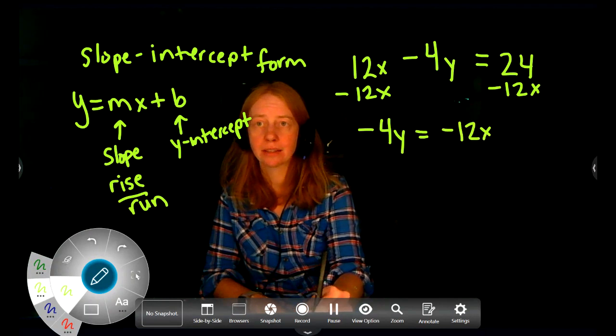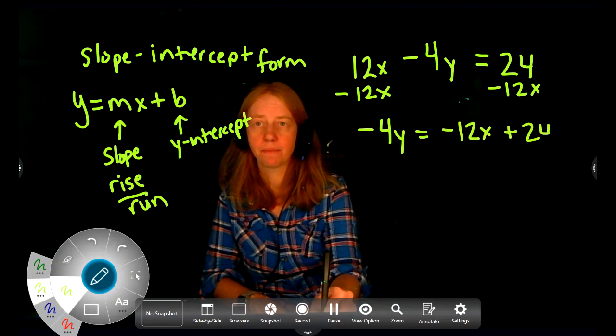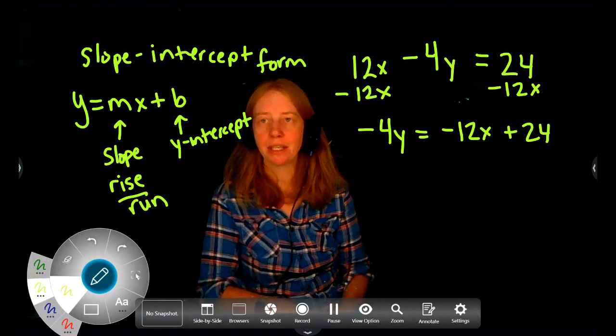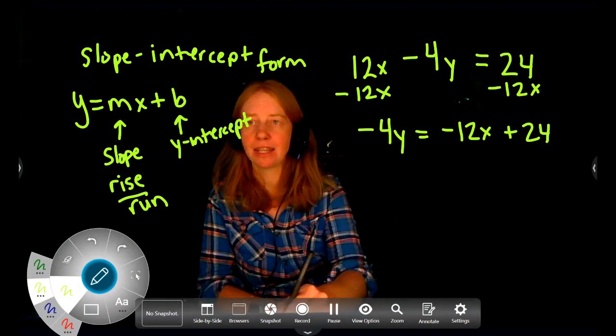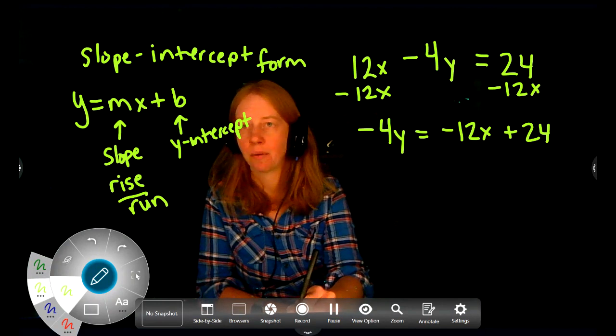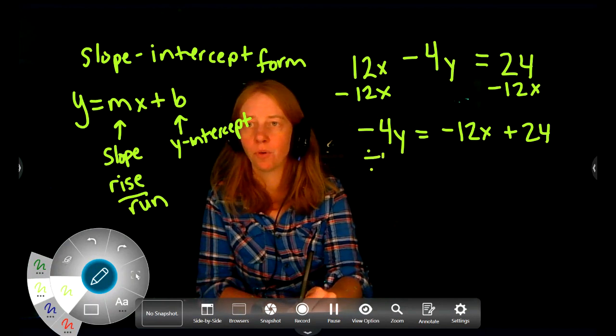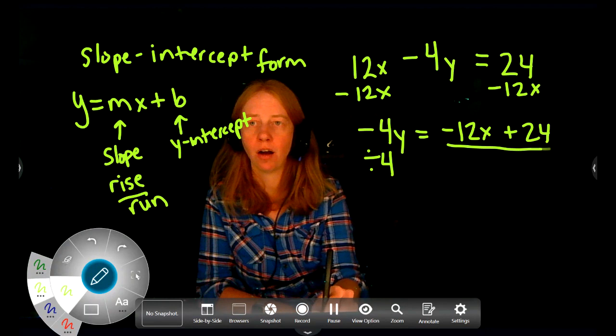So -12x plus 24. All right, my next step here is going to be to divide by this -4, because I want the -4 to go away. I want the y all by itself, so I divide everything by -4.